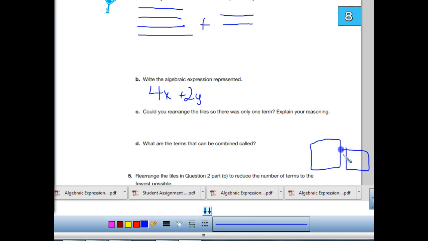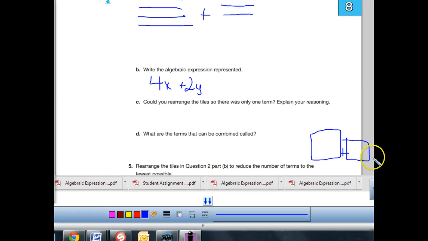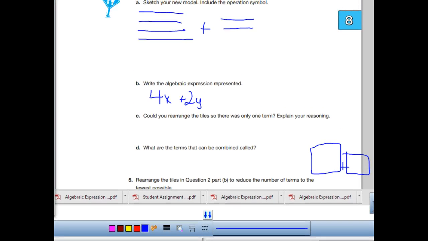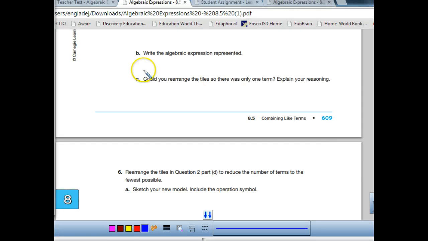And I'm going to have a y squared, right? And then when I combine them together, I get 3 of those, right? And so part B says, write the algebraic expression represented. So I have an x squared plus y squared, and then combined together gives me 3, right?